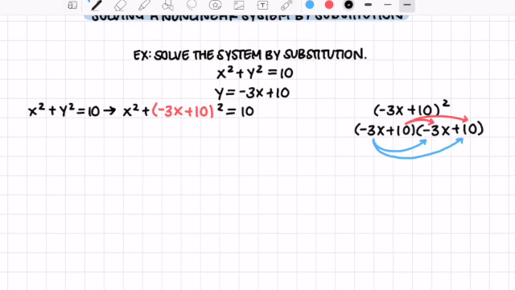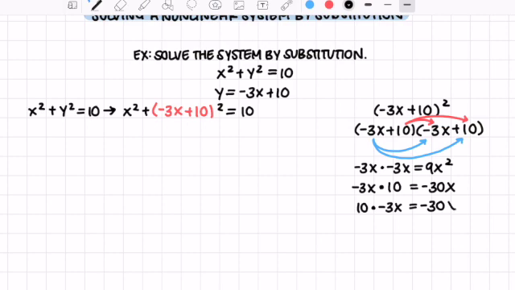When I do that, I get negative 3x times negative 3x, which equals 9x squared. I also have negative 3x times 10, which equals negative 30x. 10 times negative 3x still gives you negative 30x.